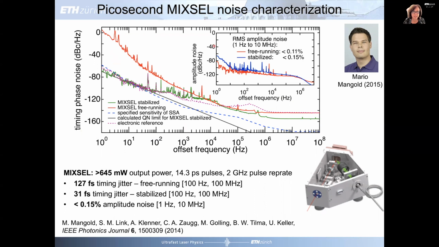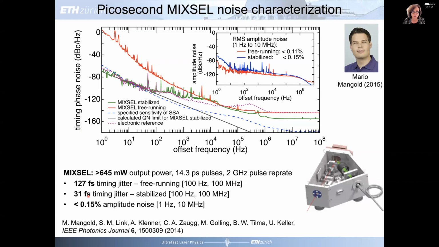If you integrate from 1 hertz to 10 hertz, the RMS amplitude noise is less than 0.1%. And when you look at timing jitter for free running from 100 hertz to 100 megahertz, you have 127 femtoseconds. You can do an active stabilization with the cavity length and easily reduce it to 31 femtoseconds, still maintaining really low amplitude noise.